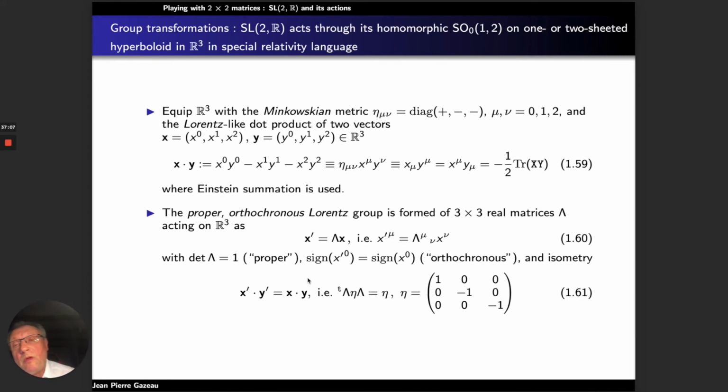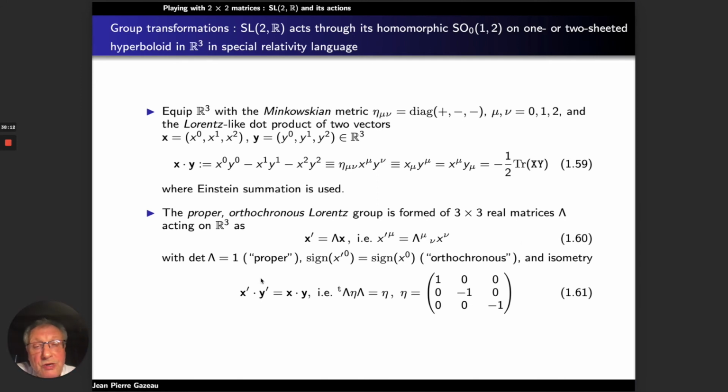And what we call the proper orthochronous Lorentz group, with this notation, is formed by 3 by 3 real matrices, capital lambda, acting on R3 as x prime equals lambda x, where x prime and x are column vectors. This 3 by 3 matrix has a determinant equal to 1, and we call that a proper transformation of the Lorentz group, and the sign of x prime 0 remains the same as the sign of x0, which corresponds to the adjective orthochronous.